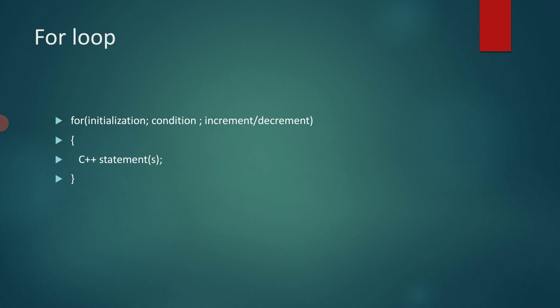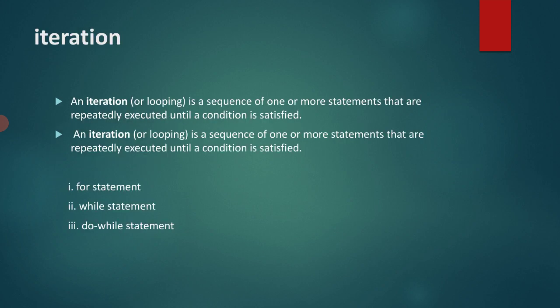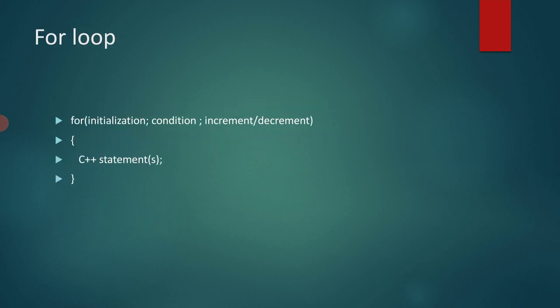Students, I have already told you in the previous lecture that when we use looping statements, it repeats the process till the condition is satisfied, that is, till the condition is true. So it will check the condition. If the condition is true, then it will print the value. Otherwise it will stop and exit from the loop. So if the condition becomes false, the control will exit from the loop.